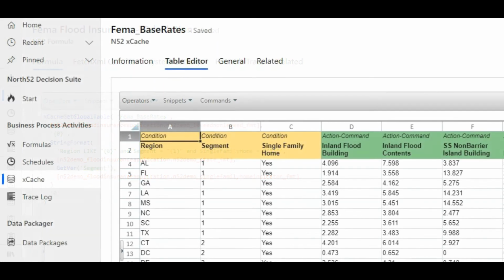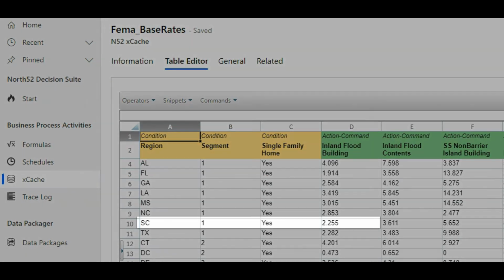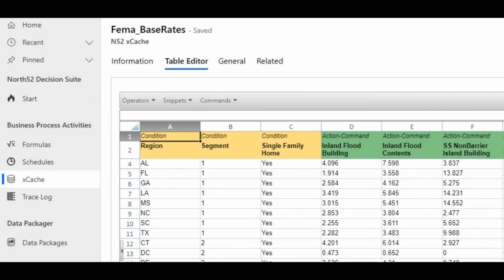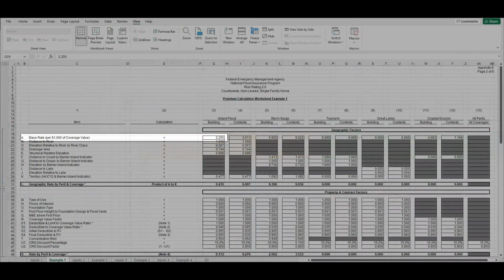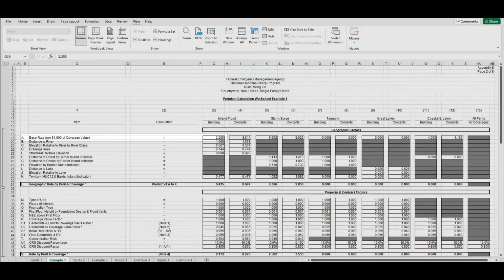The xCache table that will be looked up at runtime is the FEMA_base rates. If the region equals South Carolina and segment equals 1 and single-family home equals yes, then the value returned to the decision table would be 2.255. This can be cross-checked with the expected value as shown in the Example 1 reference sheet.